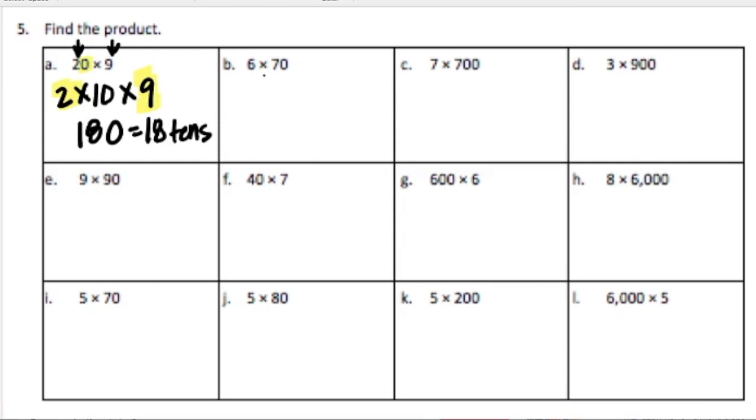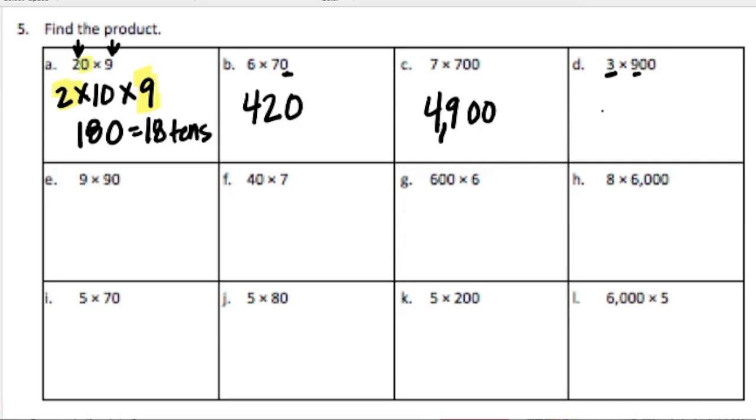Okay, for B, 6 times 70. 6 times 7 is 42, and I'm going to add this 1 0. C, 7 times 700. That will be 49 hundreds, or 4,900. For D, 3 times 900.